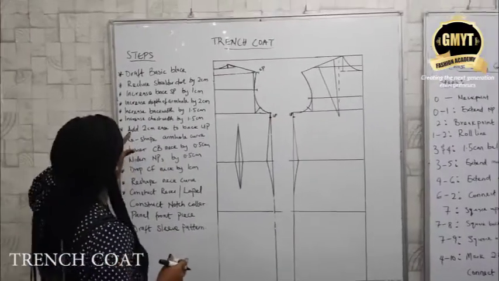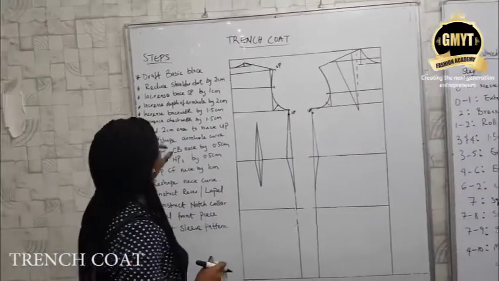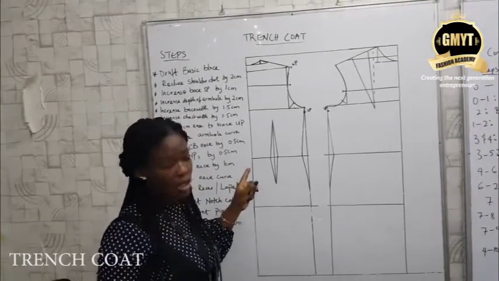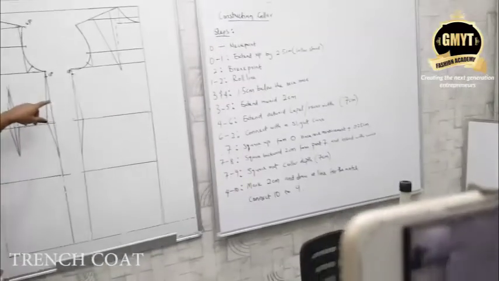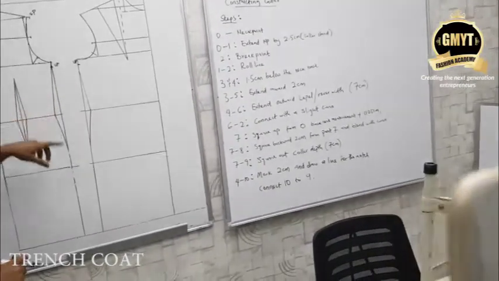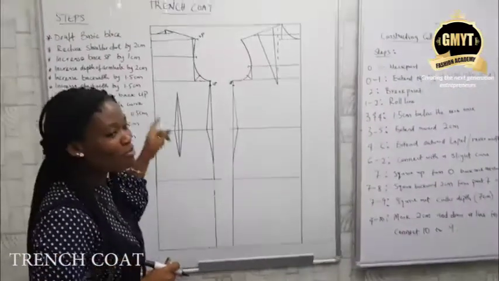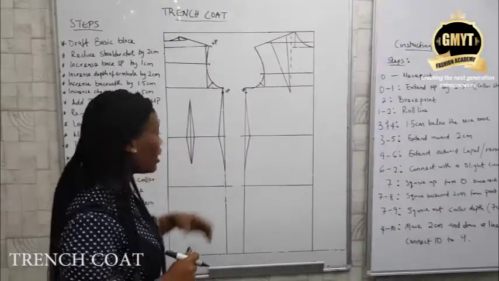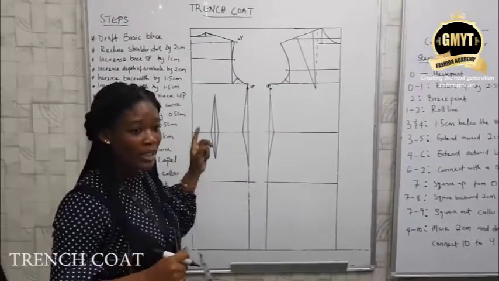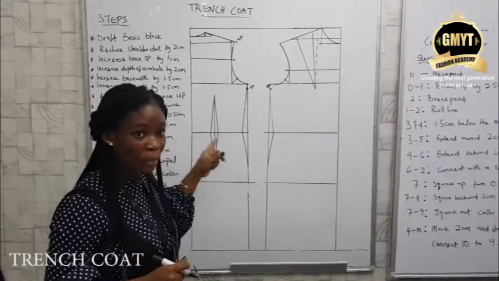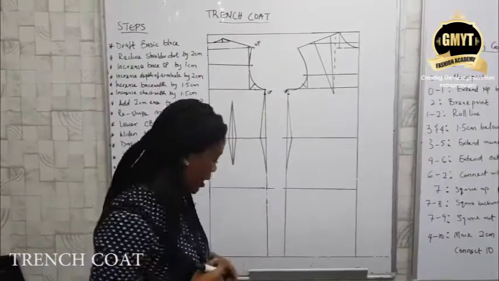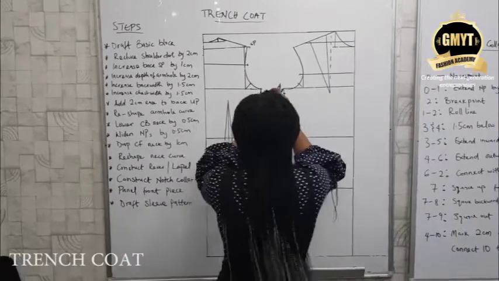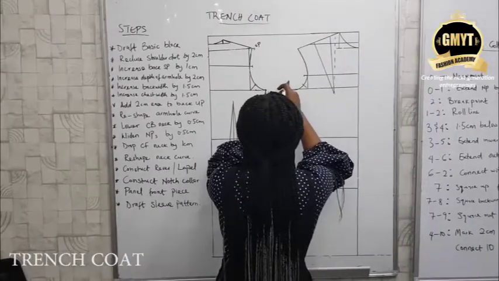So the next thing to do is to add 2 cm ease to my back UP. The reason why I'm adding it to my back alone is because my front already has enough ease, enough allowance. So I'm extending my back UP by 2 cm.